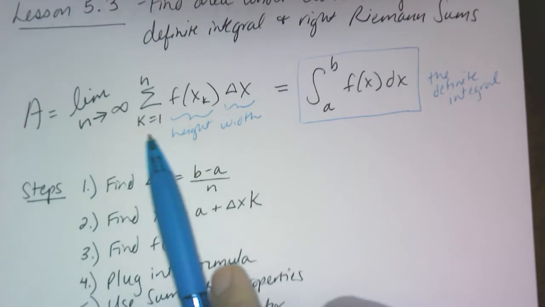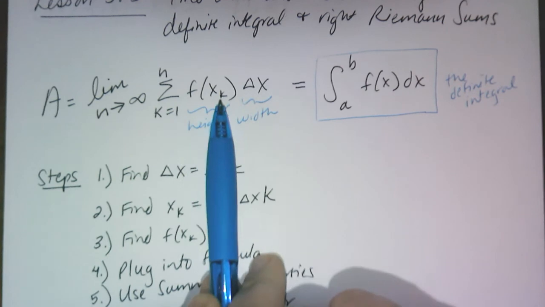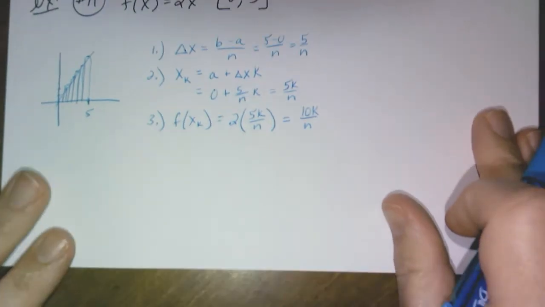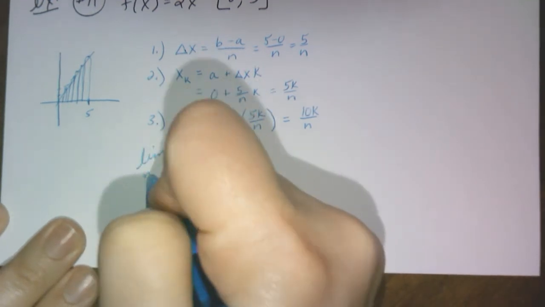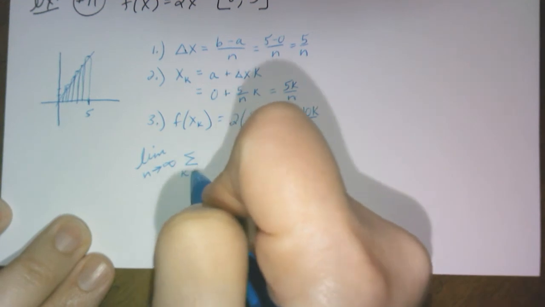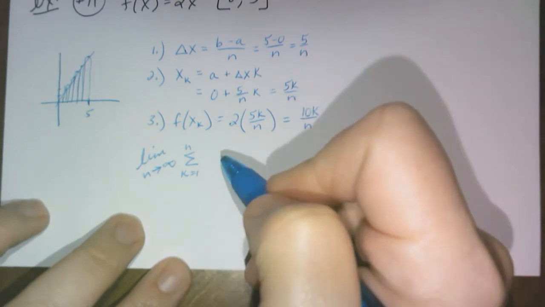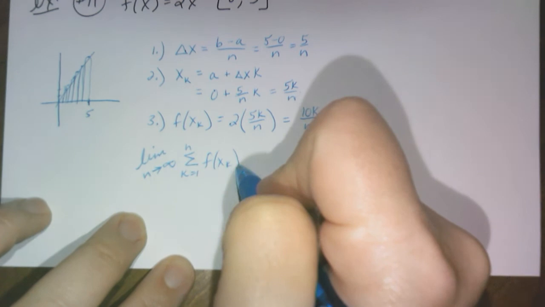So now that we've got all that, we're going to go back up to this definition, and we're going to write this one out with our f of x sub k function times delta x. So let's write this out. This would be the limit as n goes to infinity of the sum from k equals 1 to n of your f of x sub k times delta x.